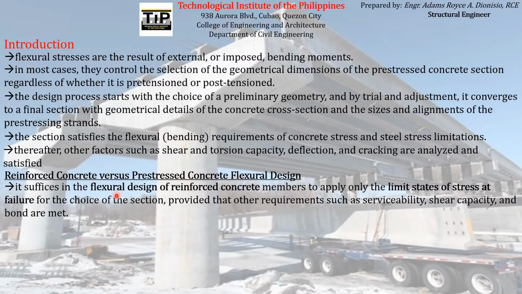So for the case of the flexural design of reinforced concrete members, we usually satisfy the limit state of stress at failure for the choice of the section, meaning our design is usually dependent on the limit state of stress at failure, meaning we are searching for a particular section that can withstand the stresses that may be induced at failure due to the application of the loads that are expected to be carried by our flexural member.